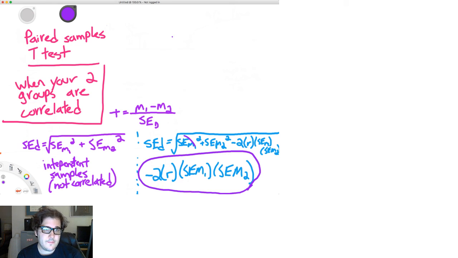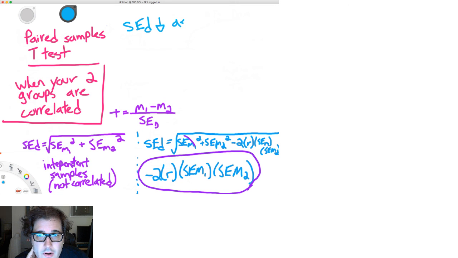People took the quiz today, so I saw some of these grades. So, your t-ratio is this, right? Now, when you have this, minus 2 times something, you're going to be making your SED smaller. So as correlation goes up, SED goes down.